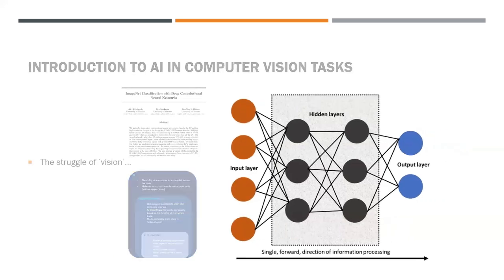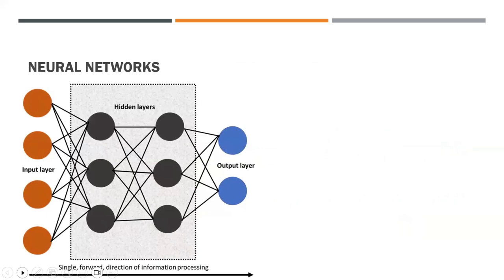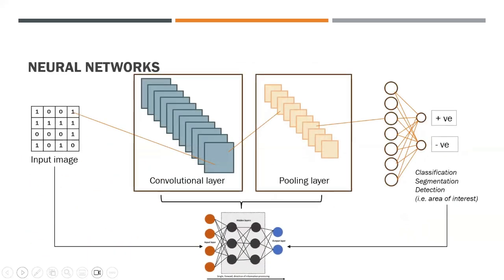So to simplify it massively, basically what happens within a convolutional neural network is a digitized input image is presented here on the left-hand side of the screen. A digitized input image is presented to the system. The convolutional layer, with the neurons within that, will extract features.